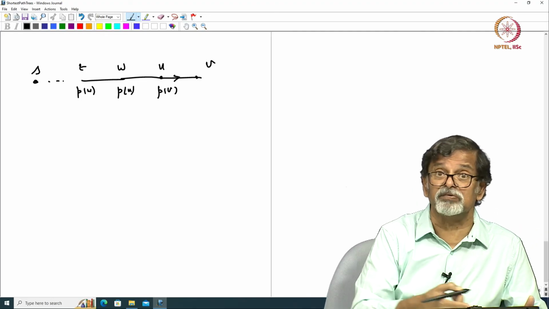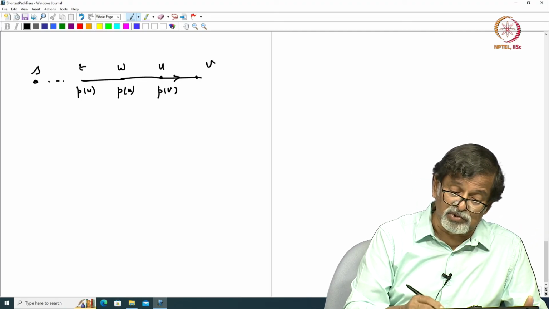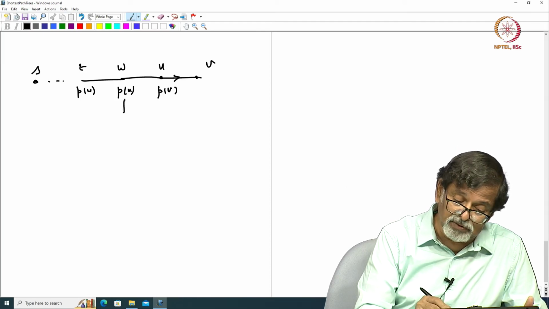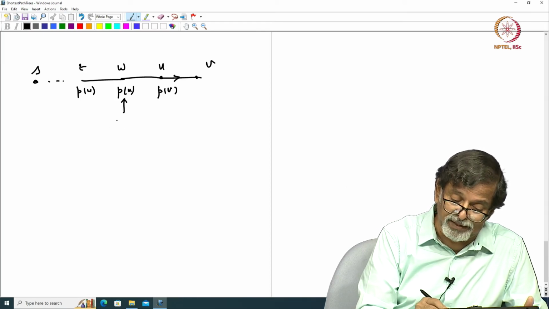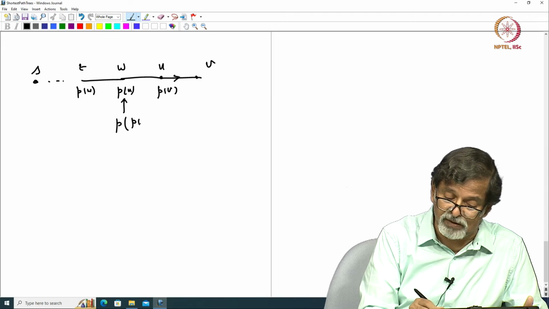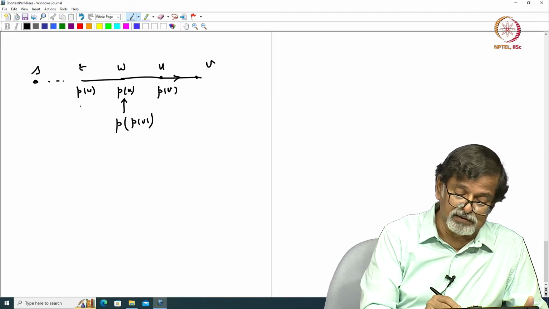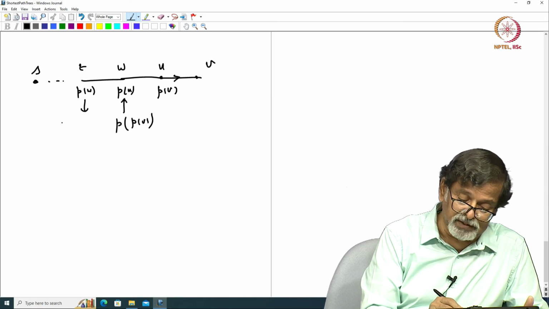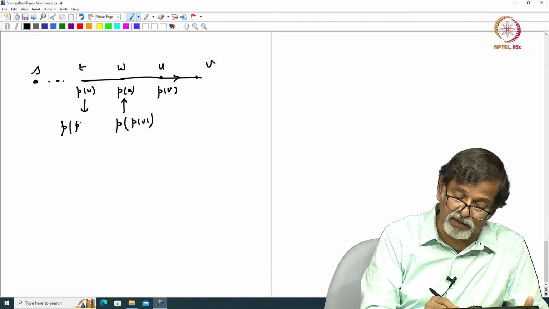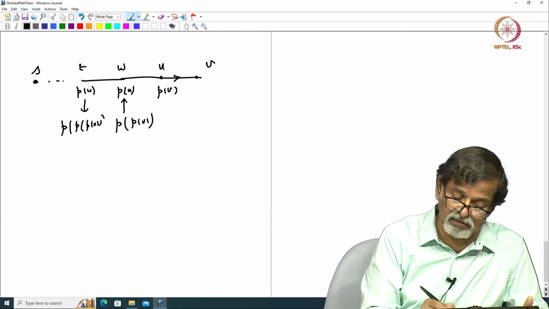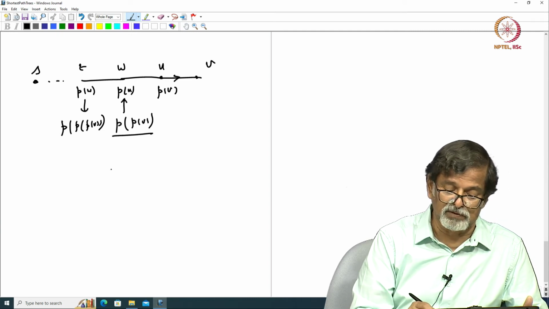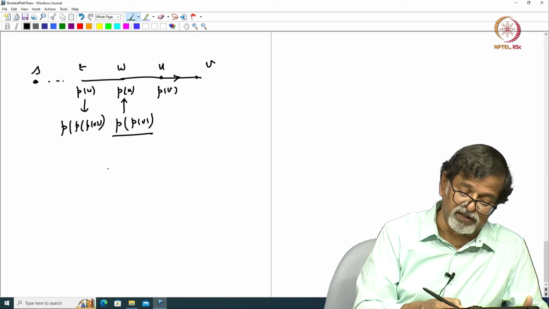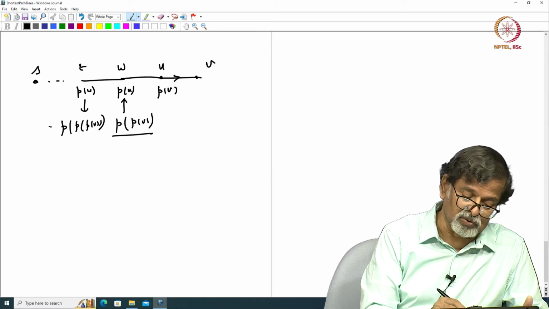This is the path PV. So, this P of U now can be written as P of V. This P of W can be written as P of V, because this is one vertex, its previous is this, and so on.